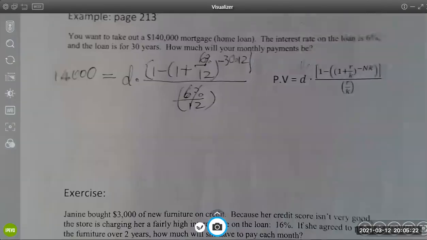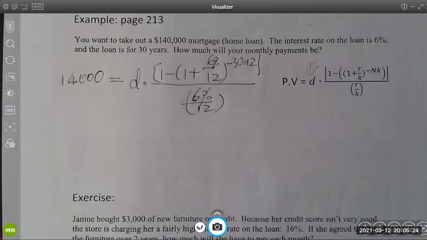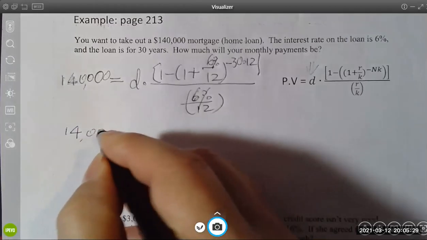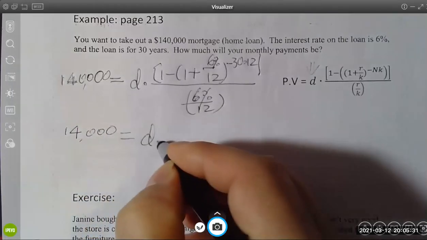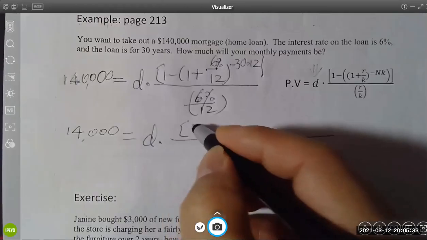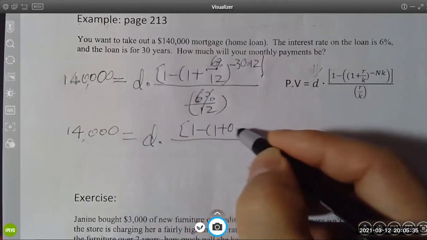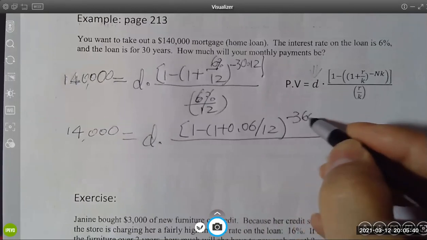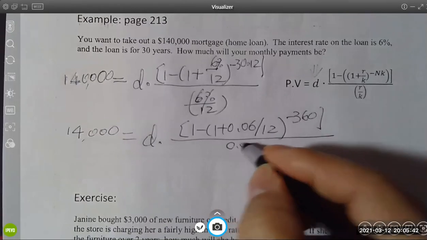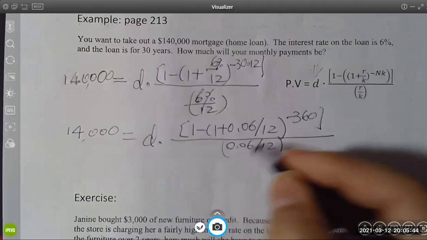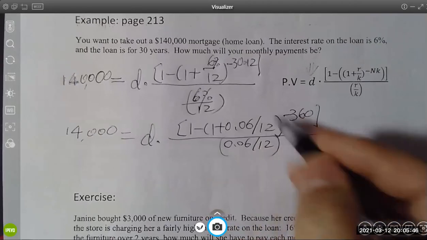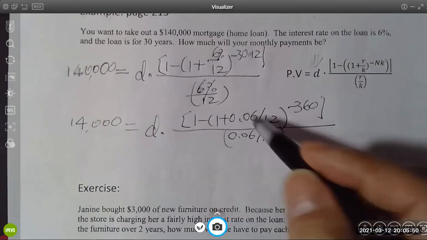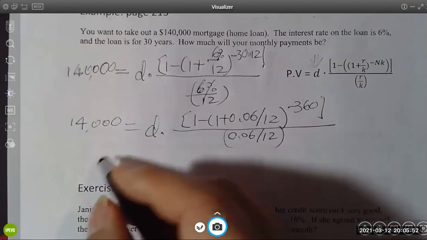So 140K equals D times 1 minus 1 plus 0.06 over 12 to the power of negative 360 over 0.06 over 12. We're going to calculate this whole thing on the right-hand side and write it down as a single number, and then later we divide by that number on both sides to get D. So that's our strategy.